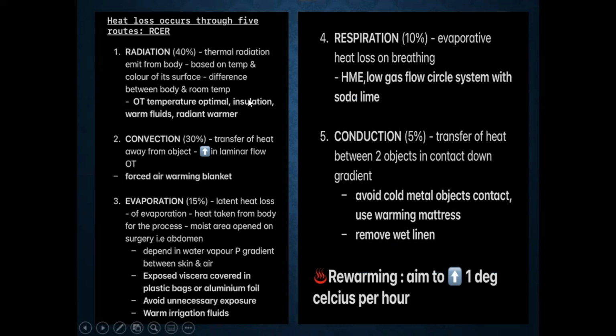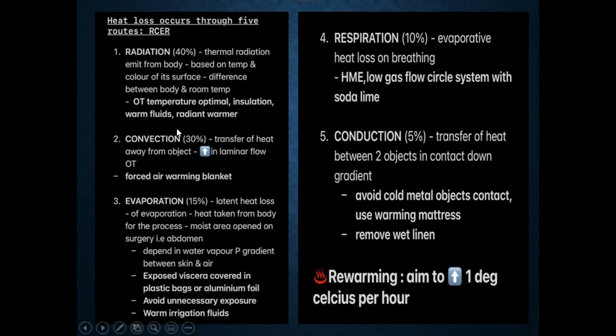Let's say your body is 38 degrees Celsius and your room temperature is 27, you will lose heat. That's why we have to maintain a certain room temperature, it cannot be too cold. When a pediatric patient comes, we make sure the temperature of the OT is warmer than for a normal patient. You cannot keep the room too cold because the heat will get transferred.